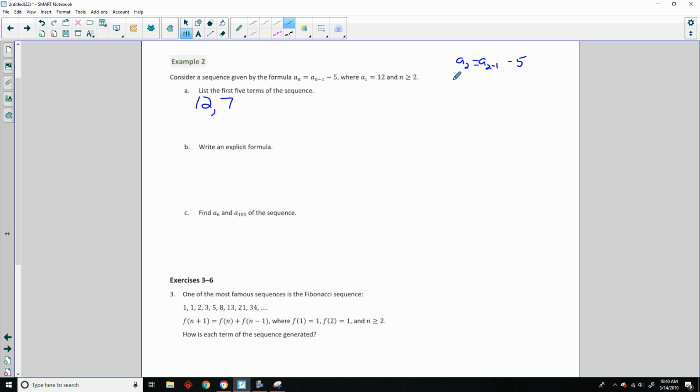Well, that means that a sub 2 equals a sub 1 minus 5. 2 minus 1 is 1. So the first term minus 5 is 7.